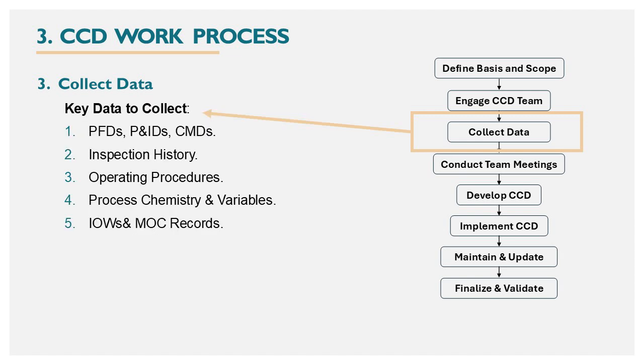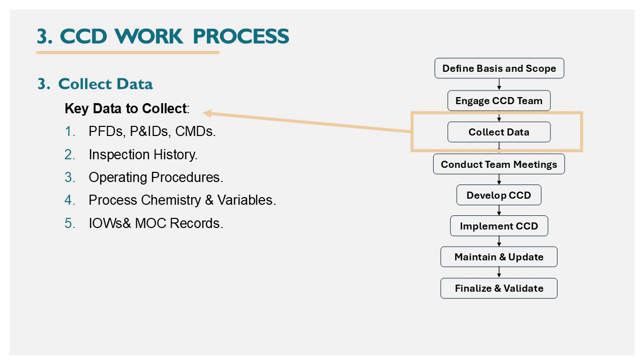Key data to collect. Number 1 is process flow diagrams or PFDs, piping and instrumentation diagrams or P&IDs, corrosion materials diagrams or CMDs. They show process flow, equipment, piping, and materials, and are used to define corrosion systems, circuits, and critical points. Number 2 is inspection history.